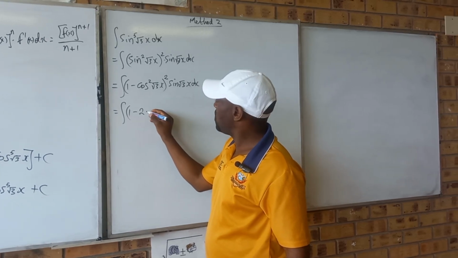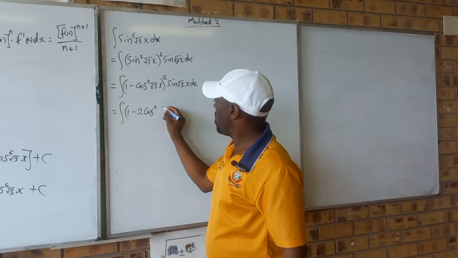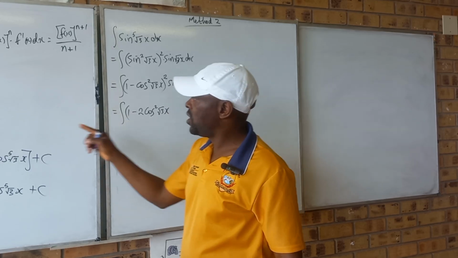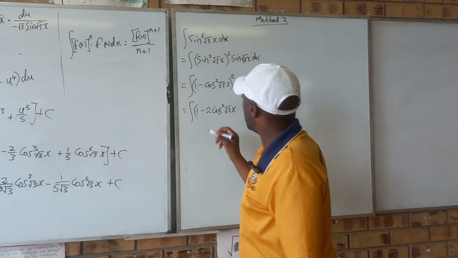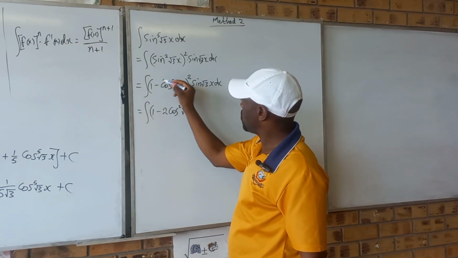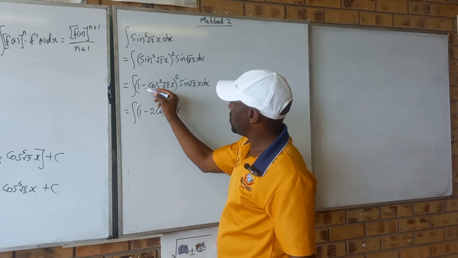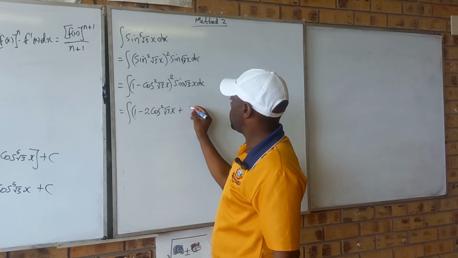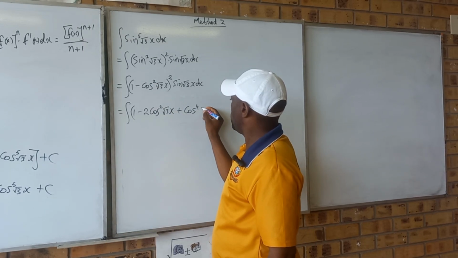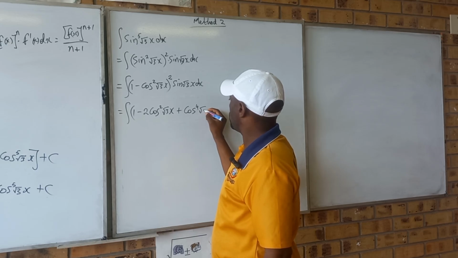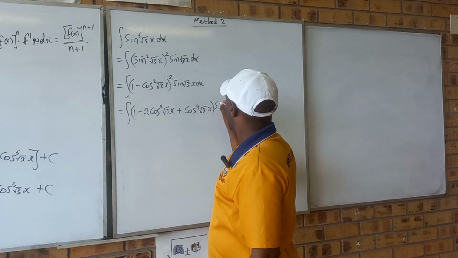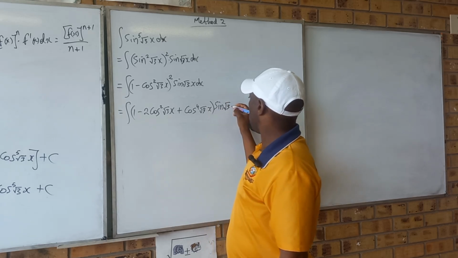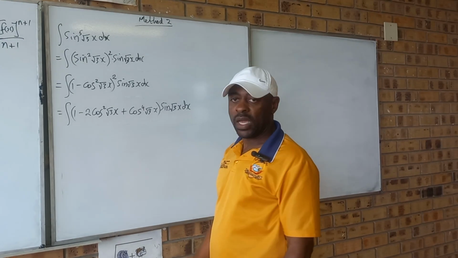That will give me negative 2 cos squared 3x, which if you match it, you see negative 2u squared there. Then the last one, I take negative cos squared and square it again. If you square a negative number, it changes to a positive number. So it will be cos to the power 4 of 3x. So that's my expansion. Then I multiply it by sine 3x dx.